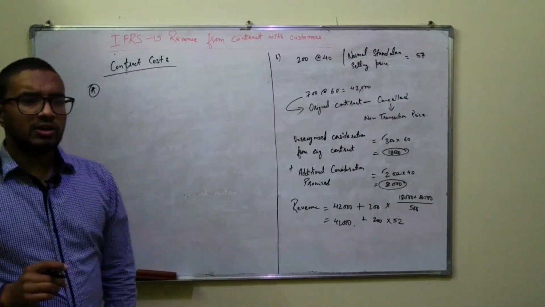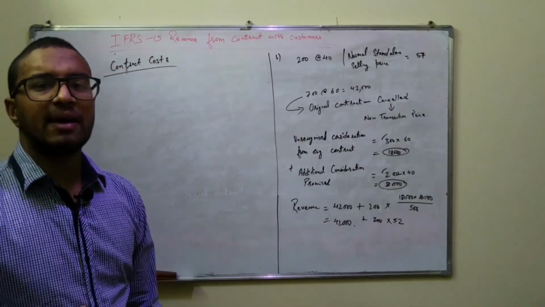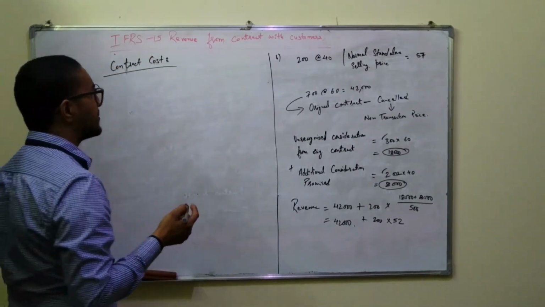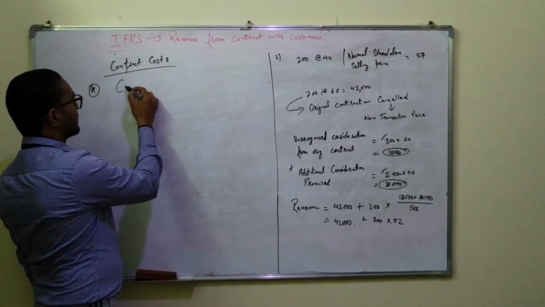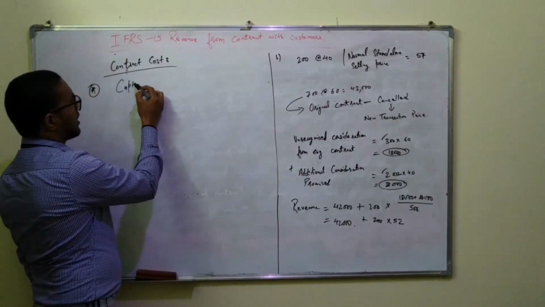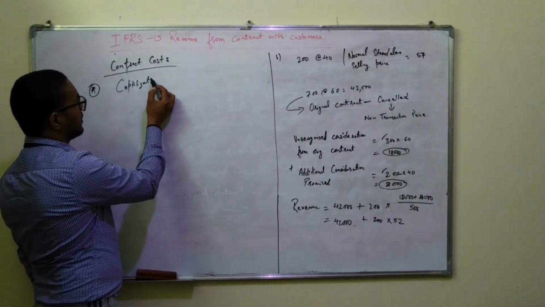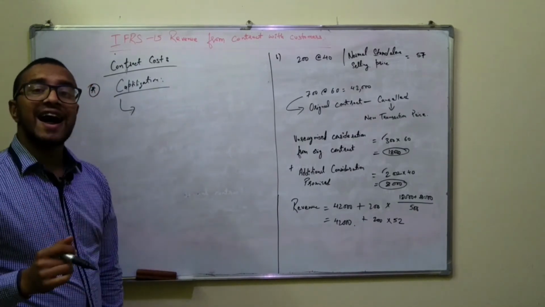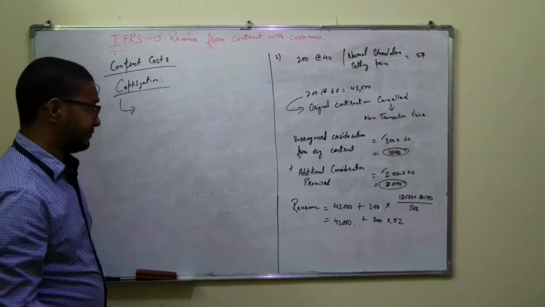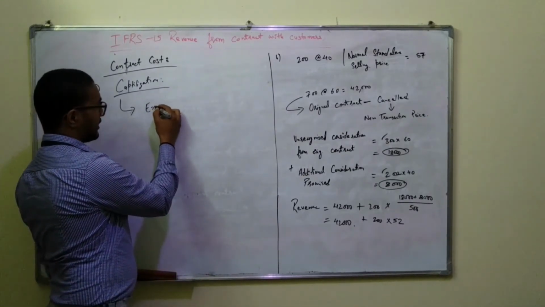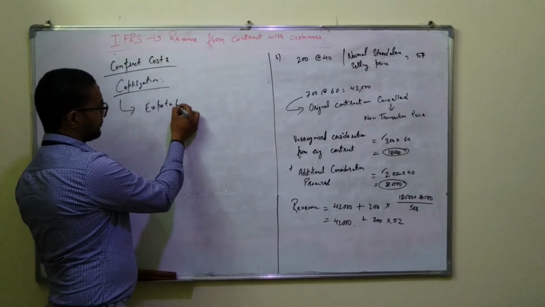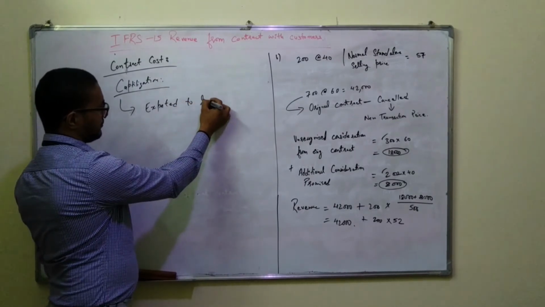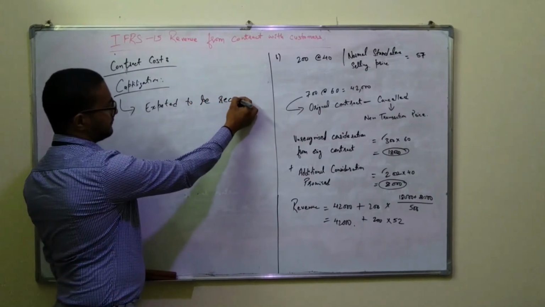It talks about what kind of expenses we can capitalize. So what kind of expenses can be capitalized? Capitalization is for those costs that are expected to be recovered.